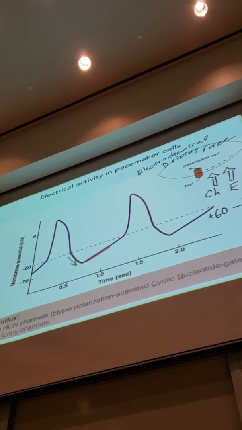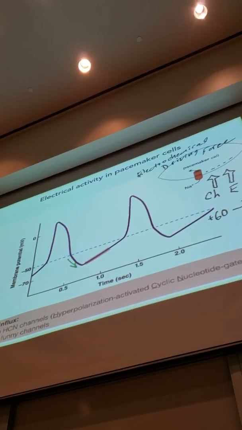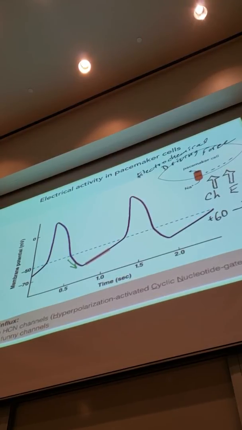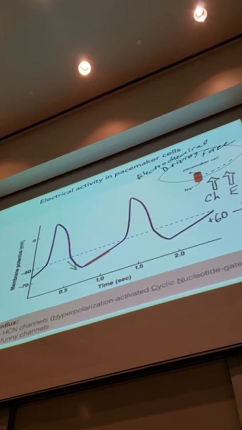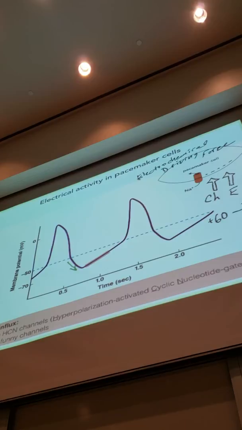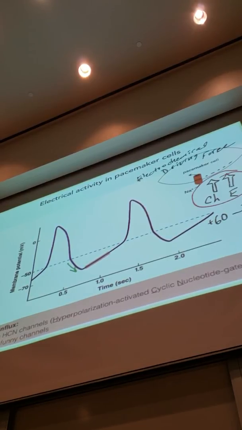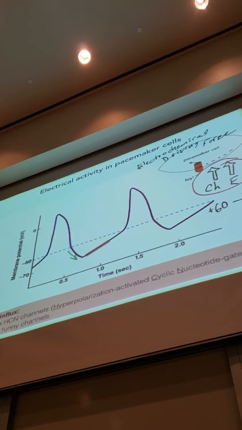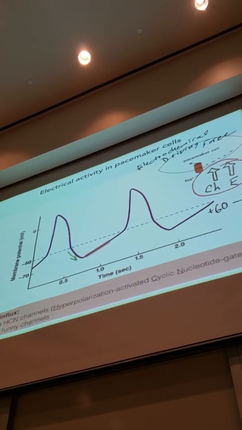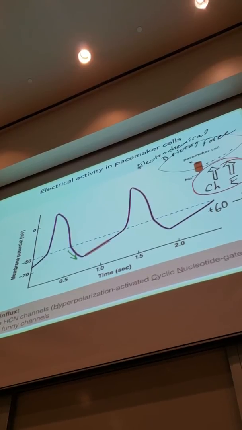So what's the difference, Bob? 130 millivolts, okay? That's what this is. The chemical and the electrical forces pushing it in. How big are those forces? 130 millivolts worth, okay? All right.